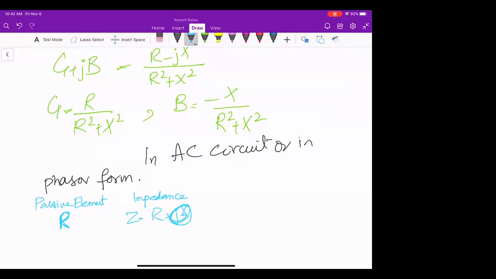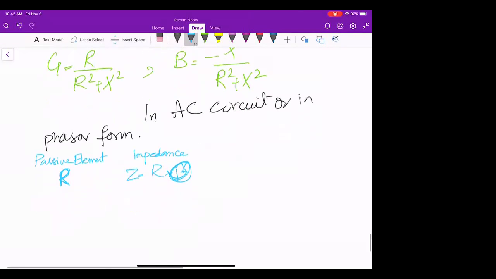So Z is equal to R. If I have L in the circuit, what should it be? I saw that my V is equal to j omega L times I when there was only L in the circuit. So my Z is equal to j omega L. Make sense?